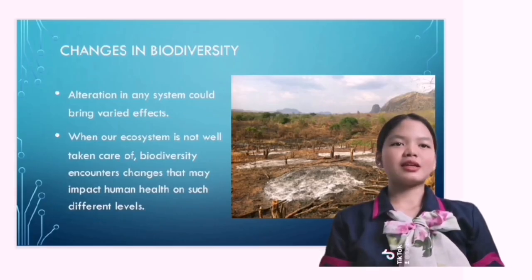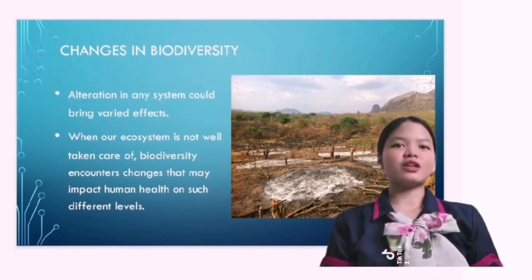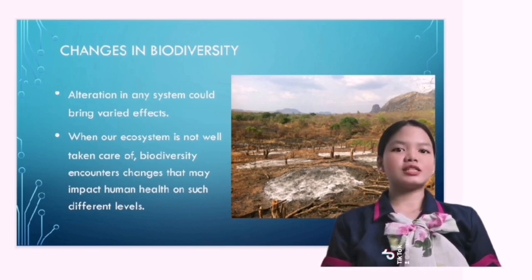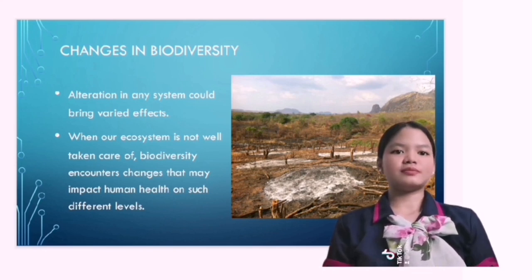Alteration in any system could bring varied effects. Changes in biodiversity can have significant effects on ecosystem, services, and human economic and social activities. Alteration in biodiversity can lead to changes in species traits, which can alter ecosystem processes and the resilience of ecosystem to environmental change.